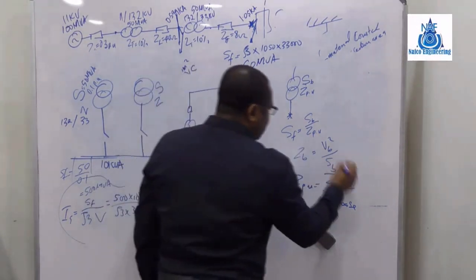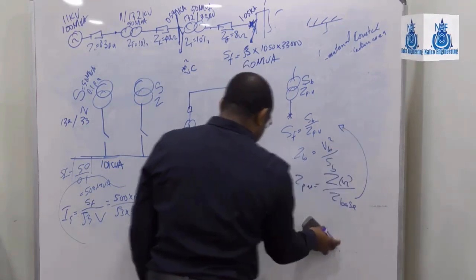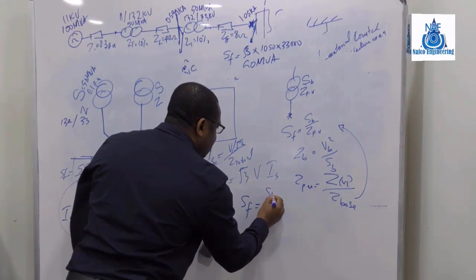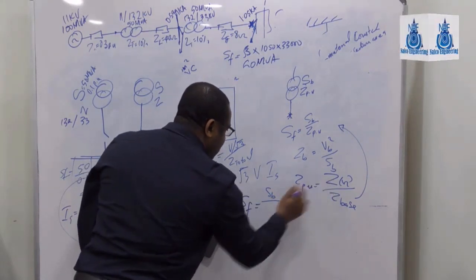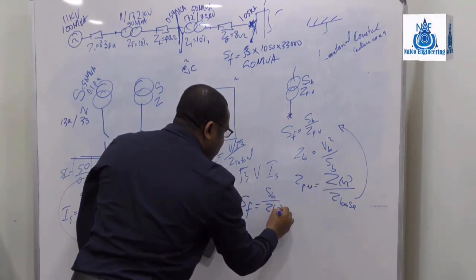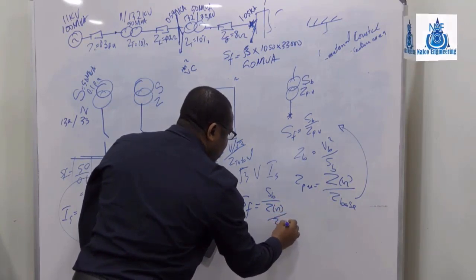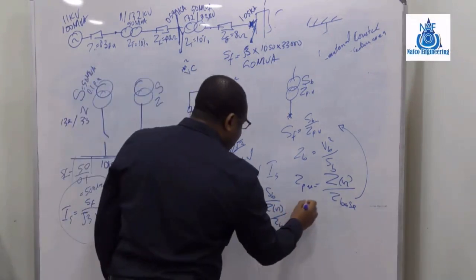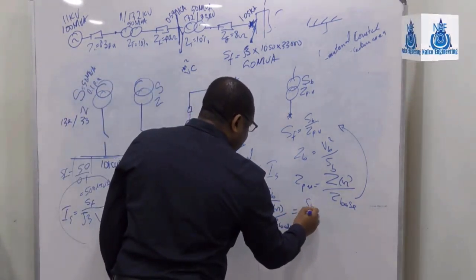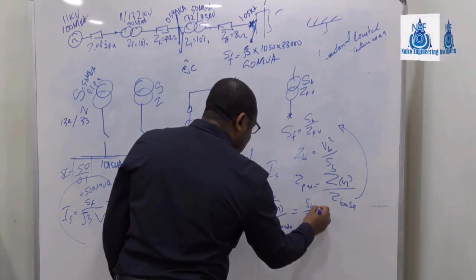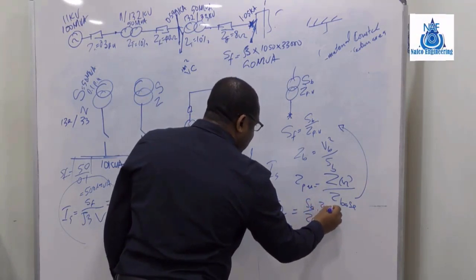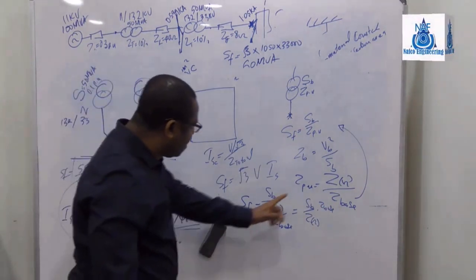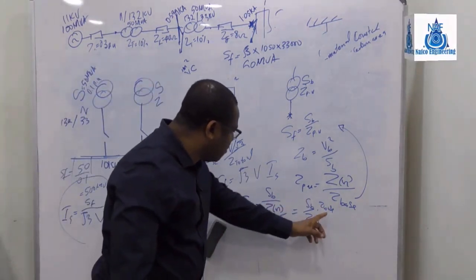So this is S fault is S base over Z in ohms over Z base, which is the same thing as saying S base over Z in ohms by Z base, like this. Can you see that? S fault is S base over Z in ohms by Z base. But what is Z base?